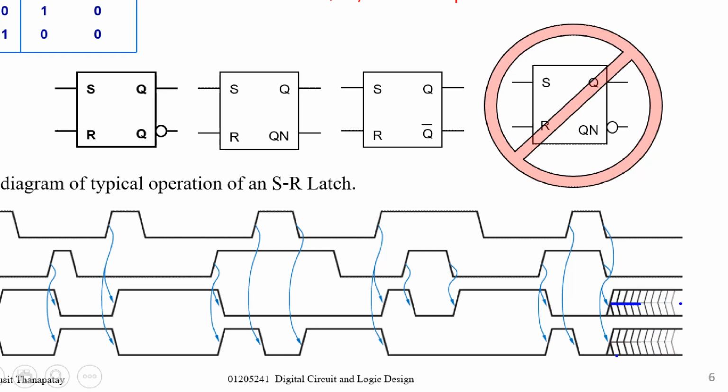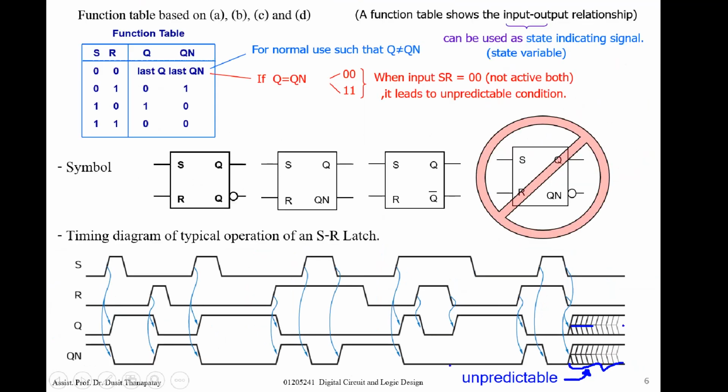So this one is just shown as unpredictable. So you need to know the value of the output until you apply some input that forces it. For example, if I apply 1 at here and 0 at here, now it forces the output to become 1 at here and Qn is 0 at here. So it is back to a predictable value.